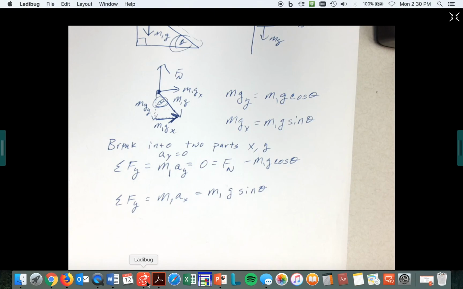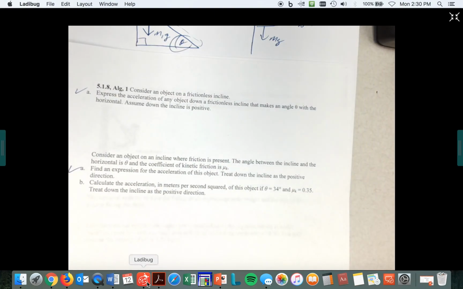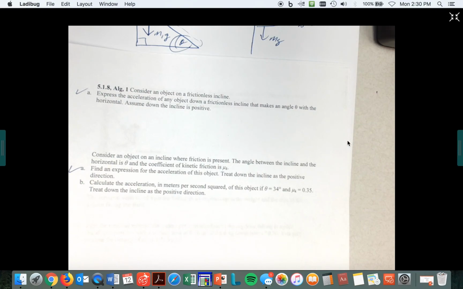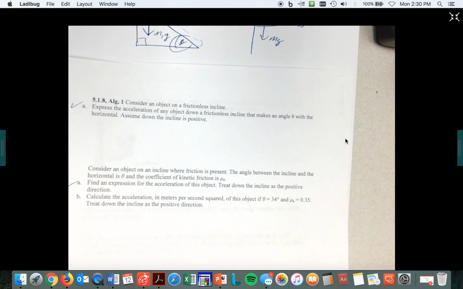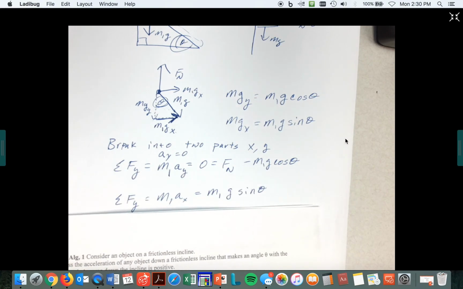So, according to our problem here, express the acceleration of an object down a frictionless plane that makes an angle theta with the horizontal. Assume down is positive. Here's the expression for it right here.